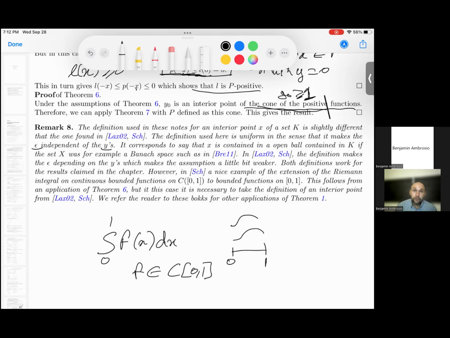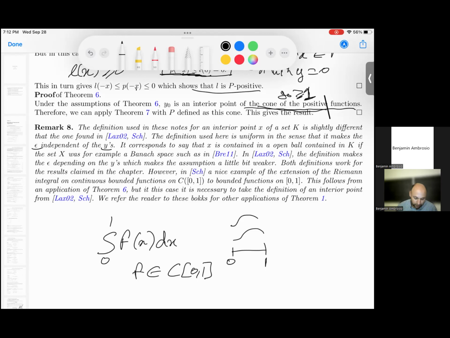By the use of theorem 6, you can extend the Riemann integral to the set of just the bounded functions. So that's a nice result.